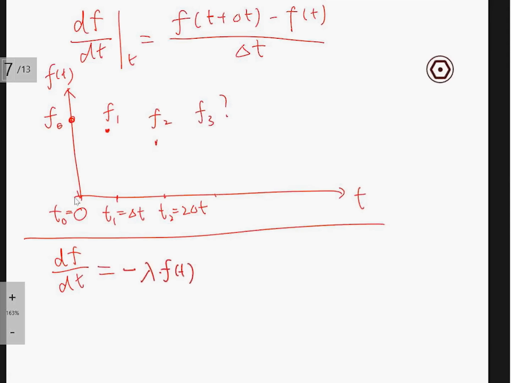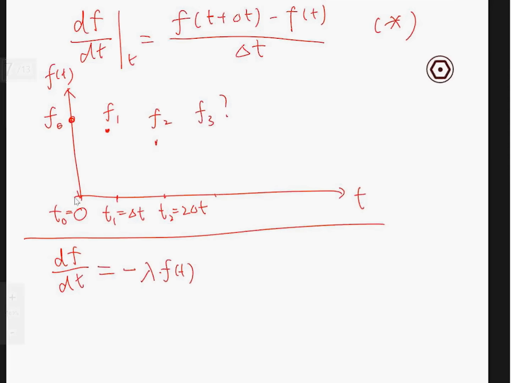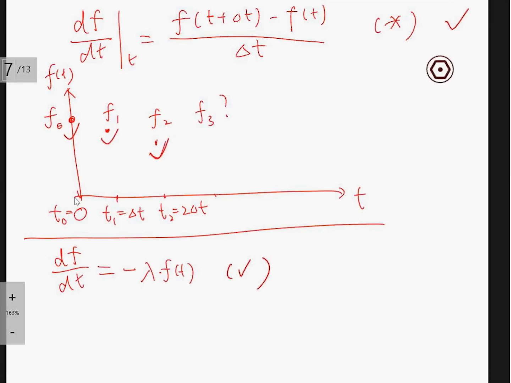I need to integrate it, and I have an approximation to the derivative, and I also have f0, f1, f2. How do I compute f3? This is given, this is given, this is given. How do I put them together to compute f3?